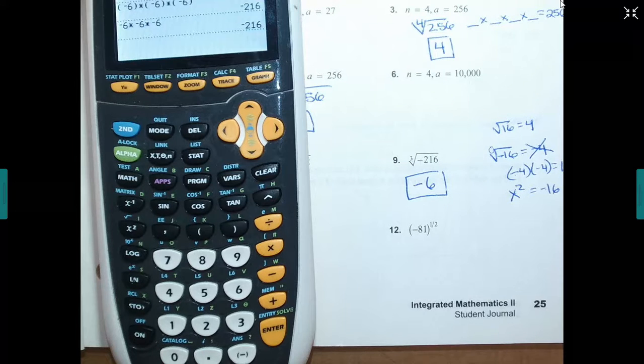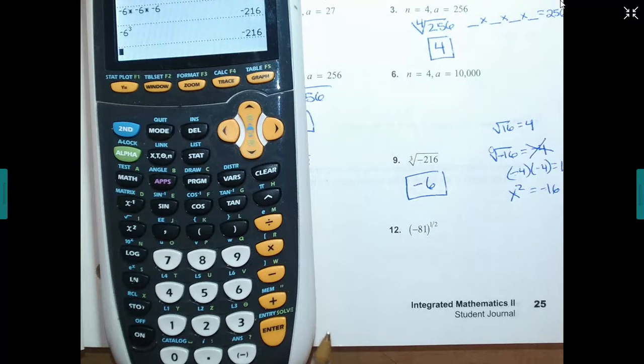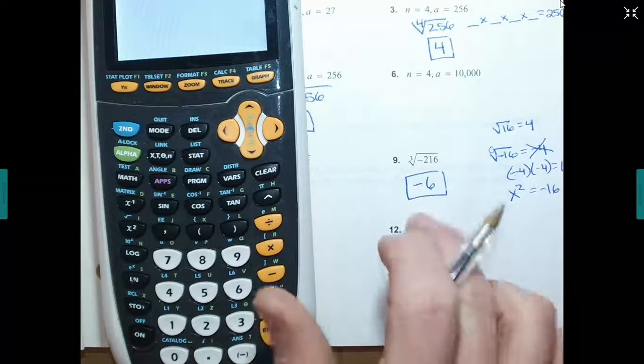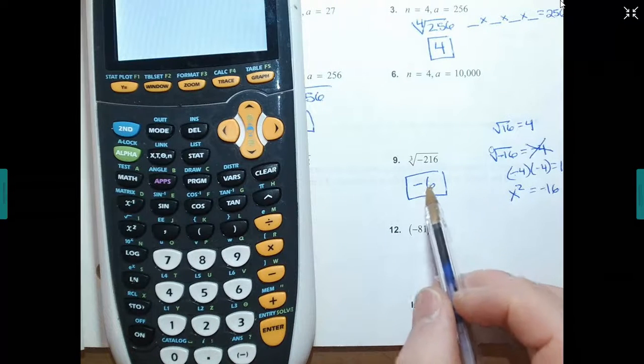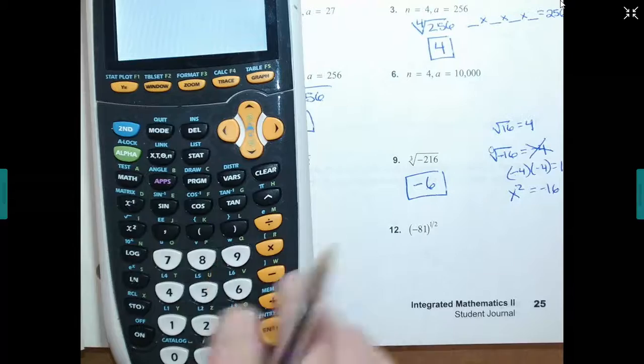I didn't need the parentheses. If I did negative 6 to the third power, actually that's going to still come up with negative 216. But if I did negative 6, I won't confuse you. Okay. There you go. So I got negative 6, because negative 6 times negative 6 times negative 6 equals negative 216.